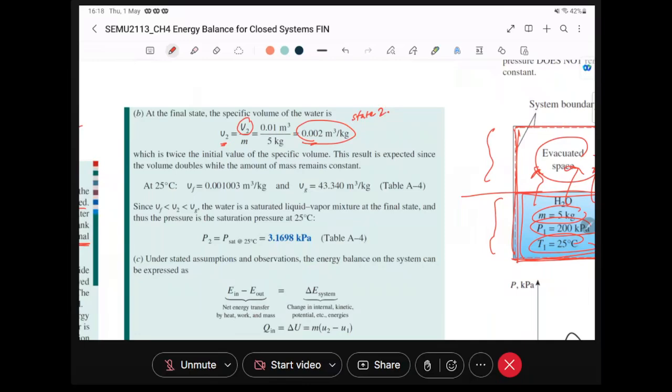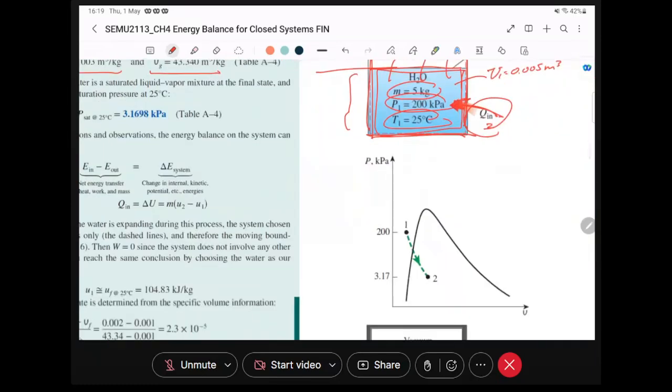Because it's constant temperature, we look at the constant temperature line. The specific volume for saturated liquid will be this value, and the specific volume for saturated vapor will be this value.